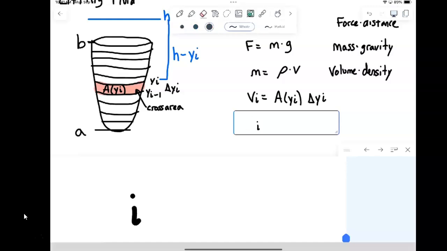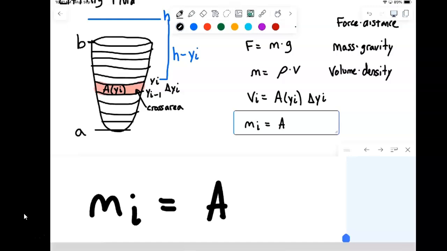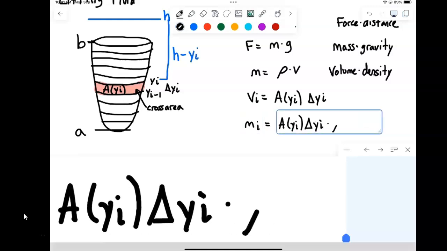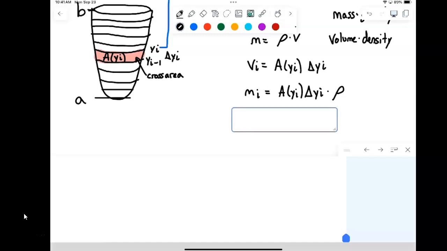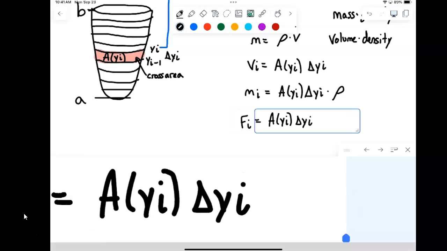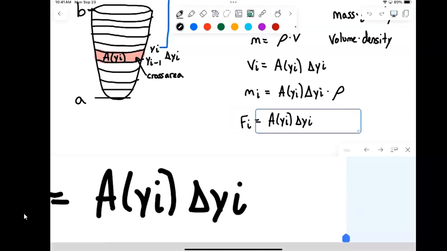That should actually be little m for mass, not big M. Mass is just going to be that area of the cross section times the height of the cross section times the density of our fluid. And finally, the force that we need will just be the mass times acceleration due to gravity. So we're going to have A of yi delta yi times rho g.